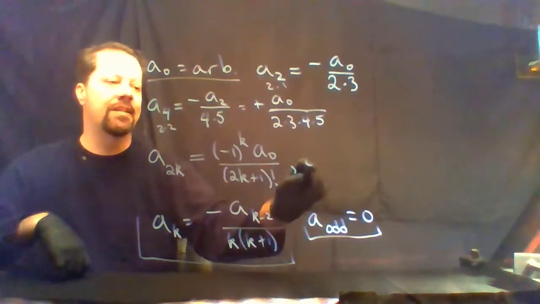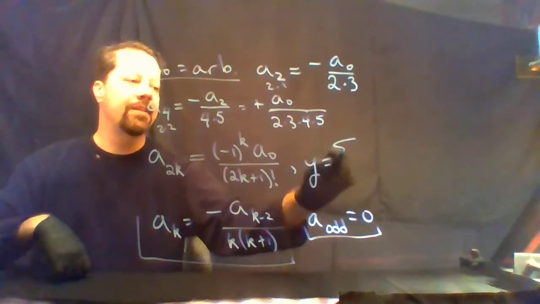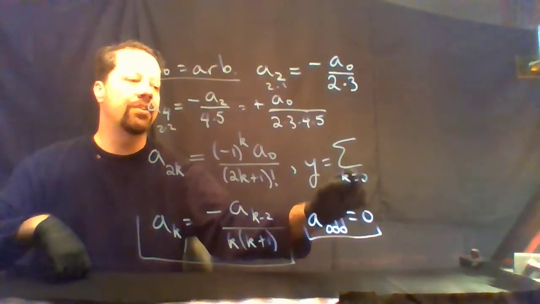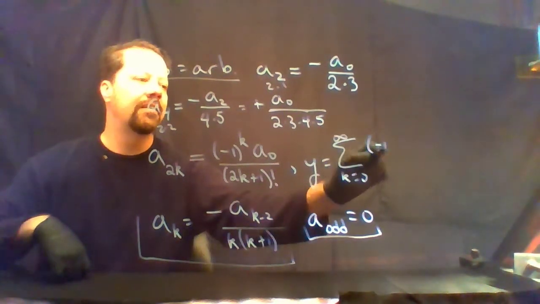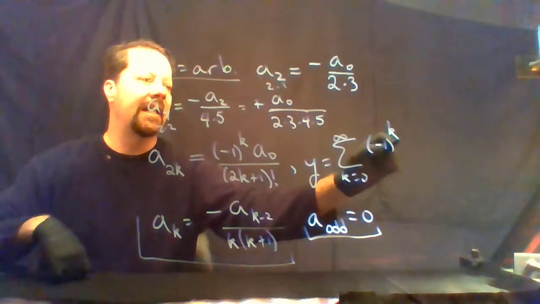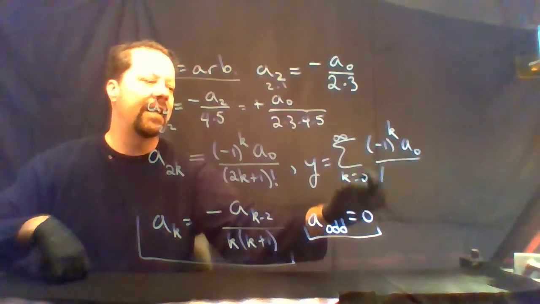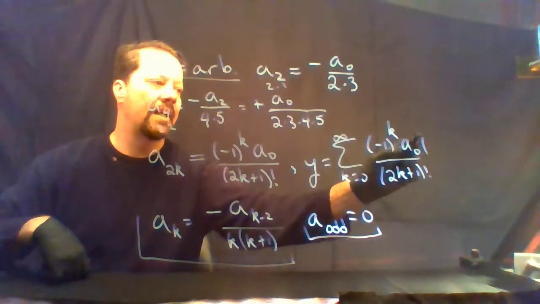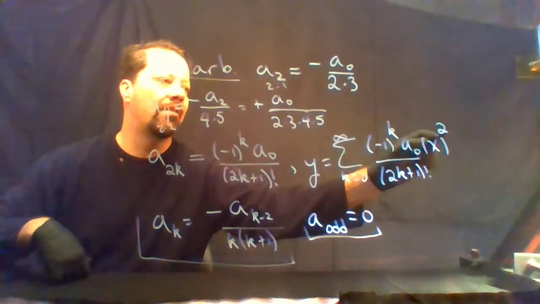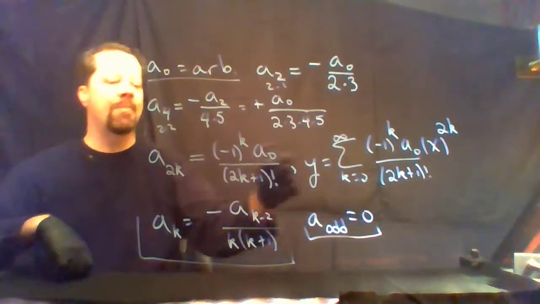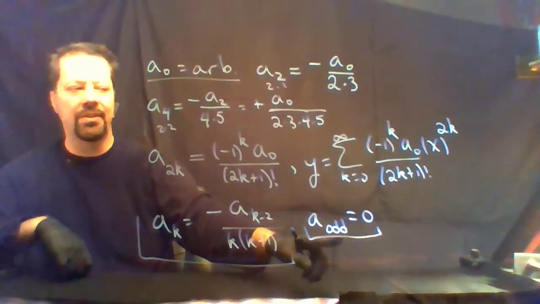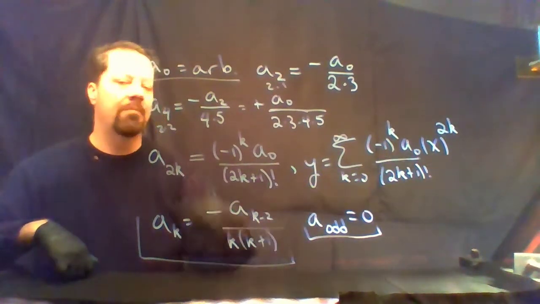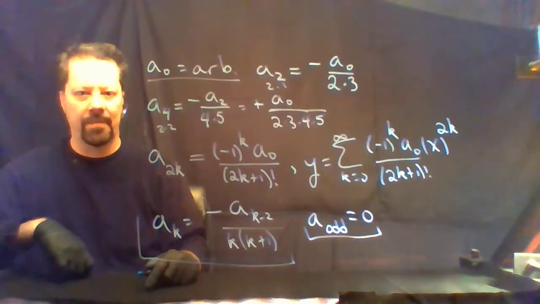That implies that our solution is going to be the sum, as k goes from 0 to infinity, of negative 1 to the k a naught divided by 2k plus 1 factorial times x to the power of 2k. Remember, all the odd coefficients are 0. We only get even powers of x left over.